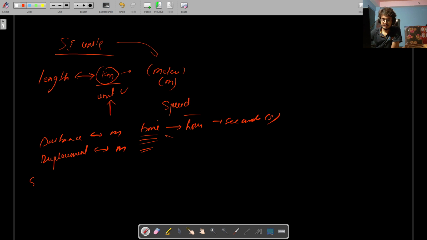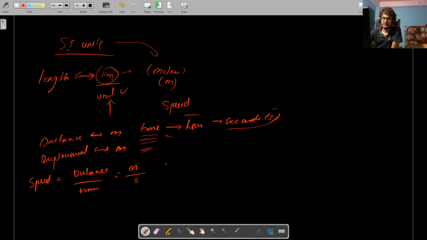Now what is the SI unit of speed? Speed is basically distance by time. So what is the SI unit of distance? Meter. What is the SI unit of time? No, SI unit of time is seconds.